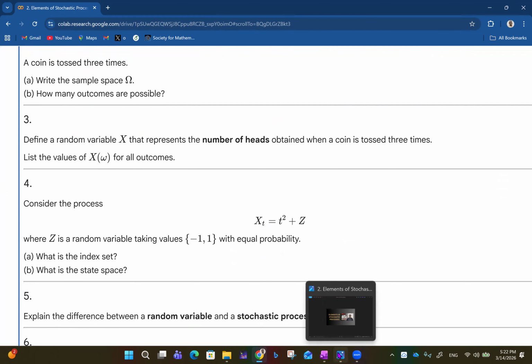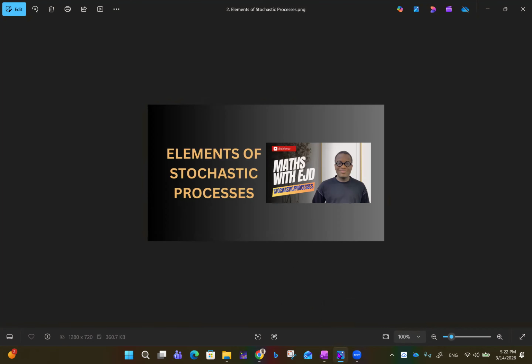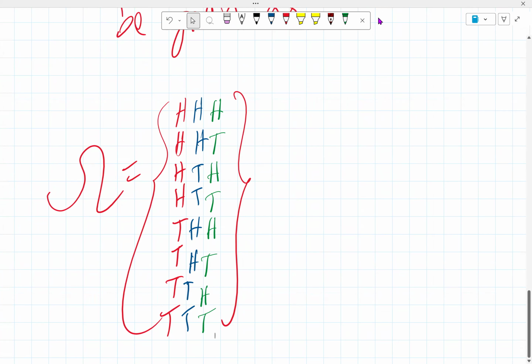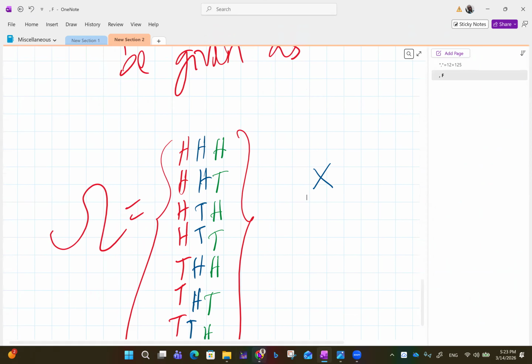Okay, so when a coin is tossed 3 times, we can have, hmm, how do I put this now? I need to be able to situate this properly.